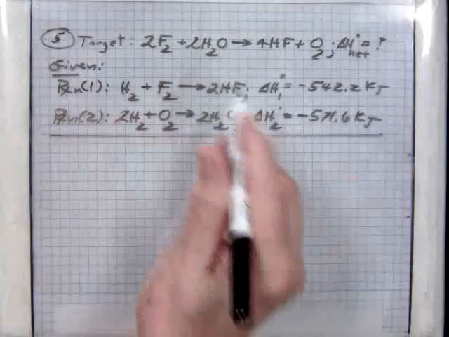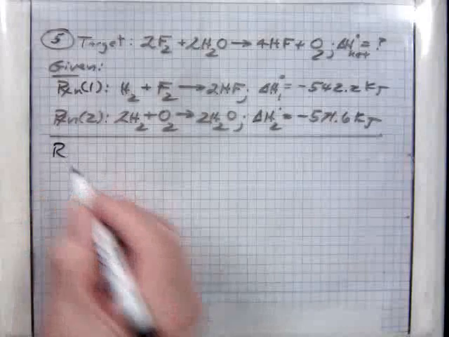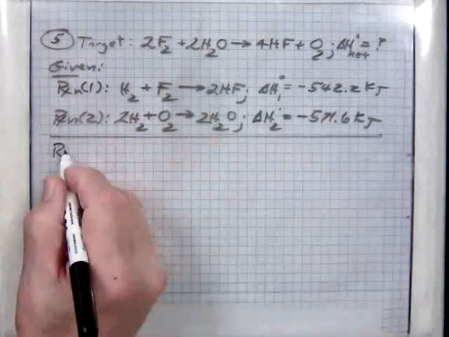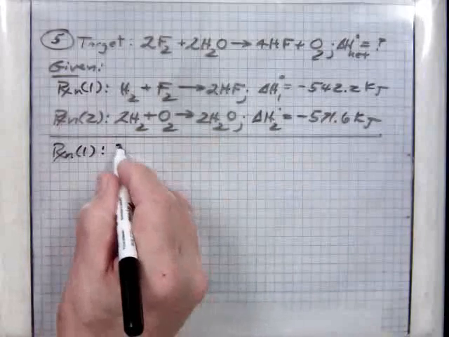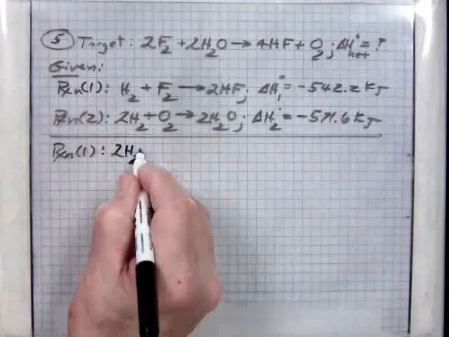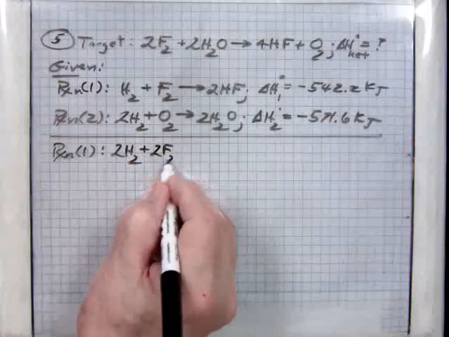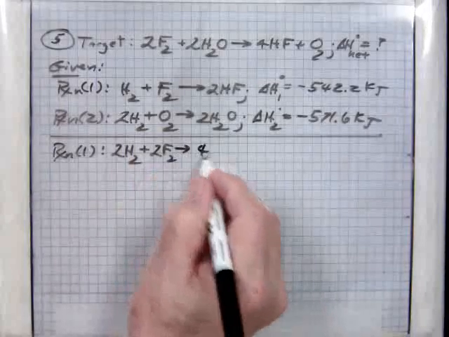Well, anyway, so reaction 1 has to be multiplied by 2. As long as you can multiply both sides, we go to 2H2 plus 2F2 goes to 4HF.